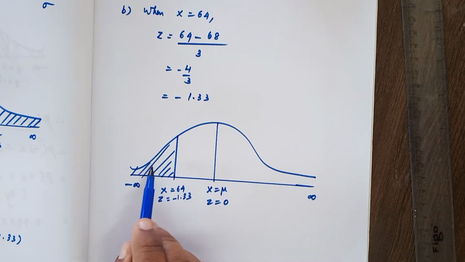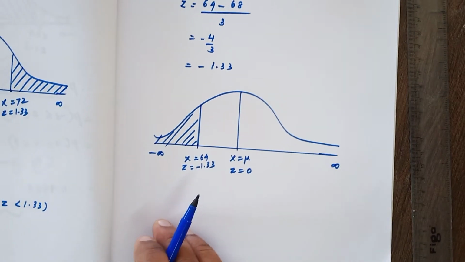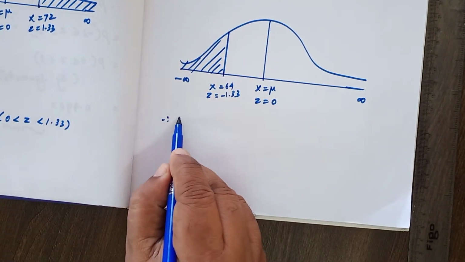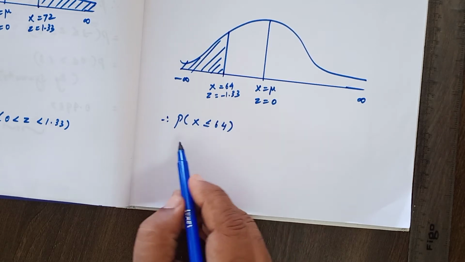For finding this area, first I calculate minus infinity to 0 minus the unshaded region. So probability of x less than or equal to 64, that is the question.